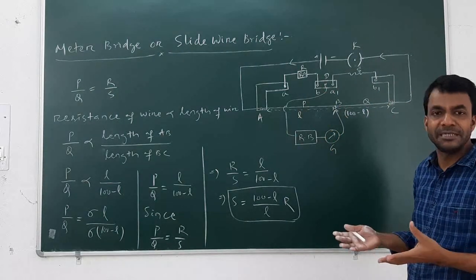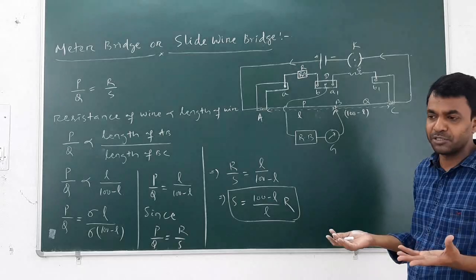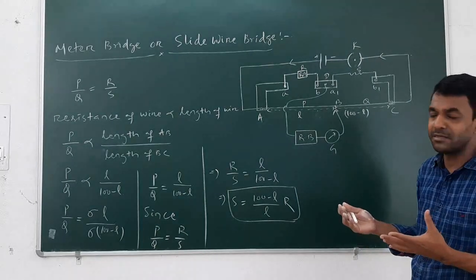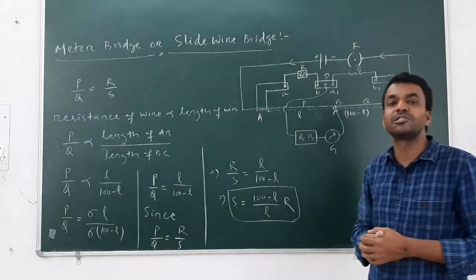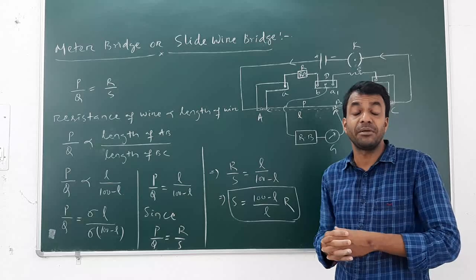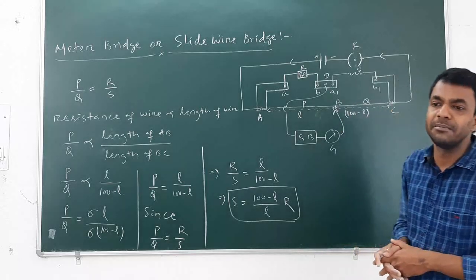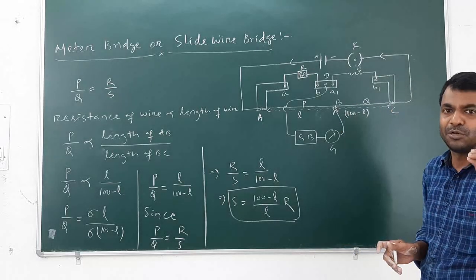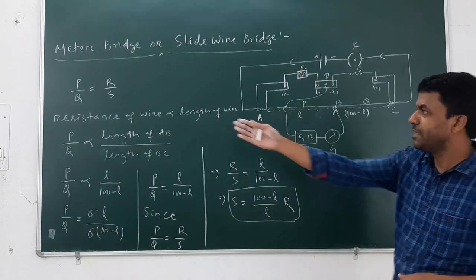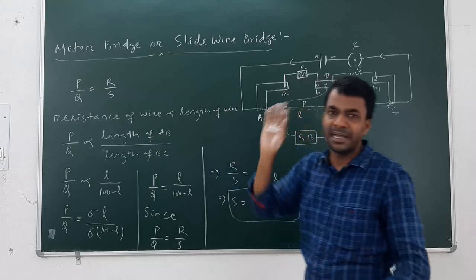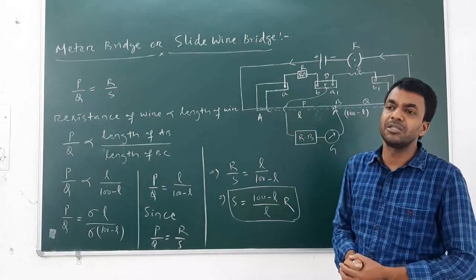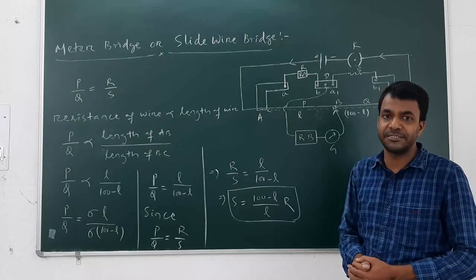Device means its definition, principle, construction, working and theory are there. What is its definition? It is a practical application of the Wheatstone bridge by which the unknown resistance of a wire is calculated by applying the Wheatstone bridge balance formula, P by Q is equal to R by S. That principle is based on the working of the Wheatstone bridge, basically.